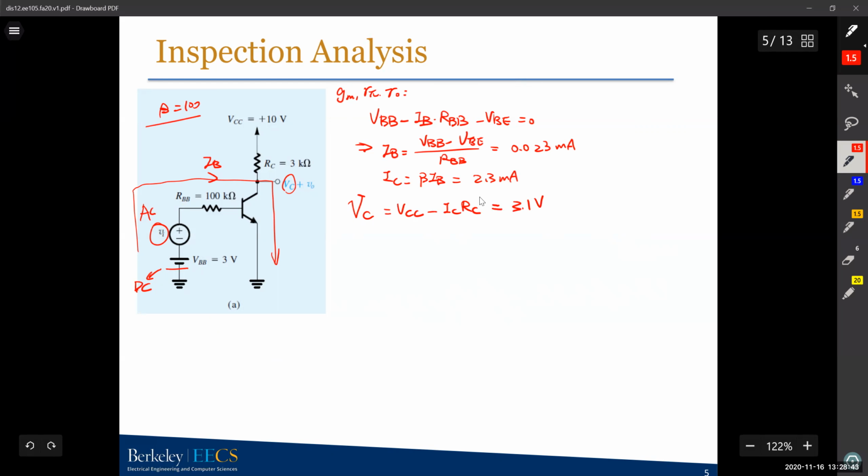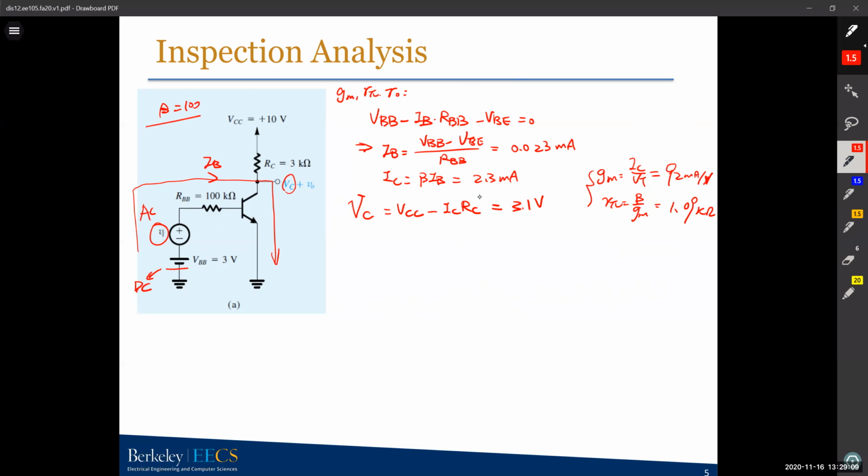So the DC part is simple to calculate. Using the DC biasing point, gm is IC over VT, which gives you 92 milliamps per volt. And your r pi will be beta over gm, so 100 divided by gm, which is 1.09 kilo ohms.